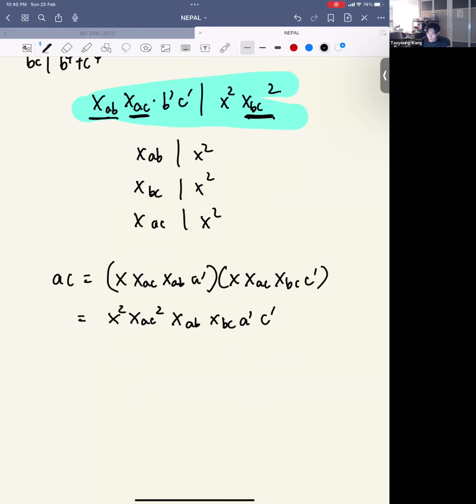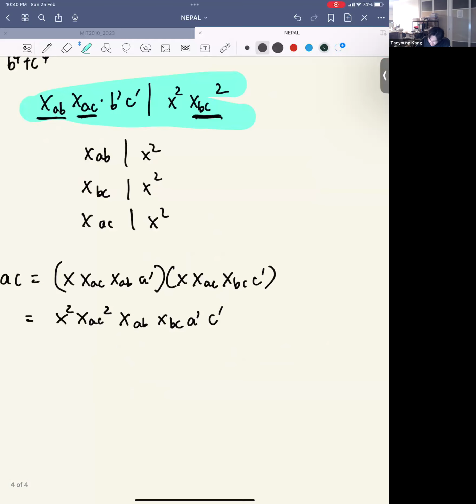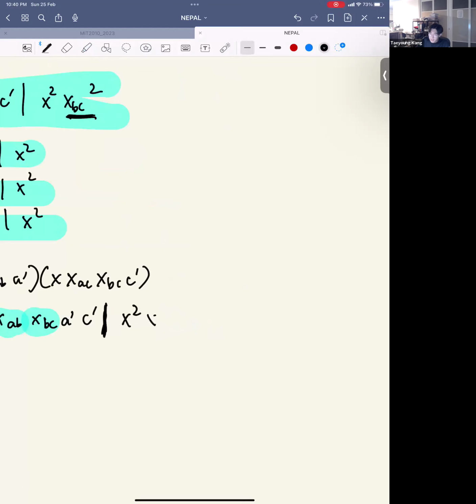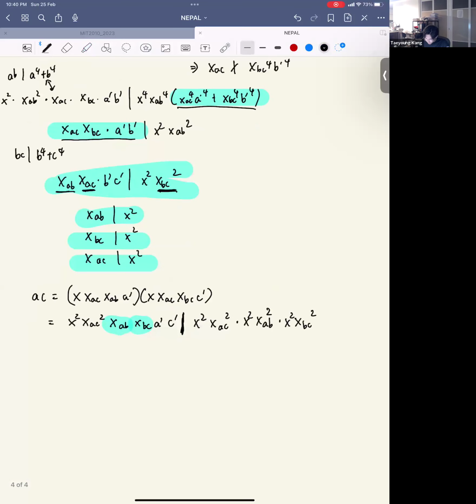And using these three conditions, we apply it on both this and this, which just gives us that this divides X square XAC square times X square XAB square times X square XBC square. Do you guys agree?